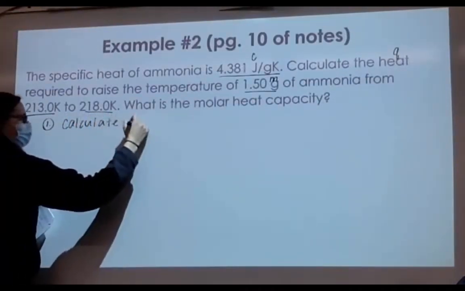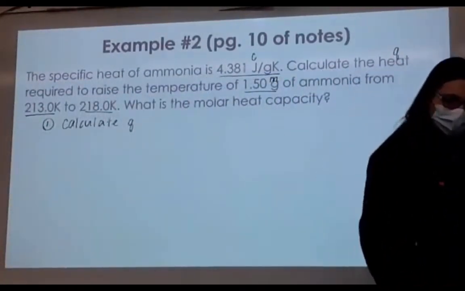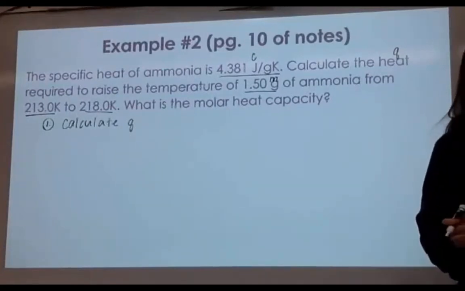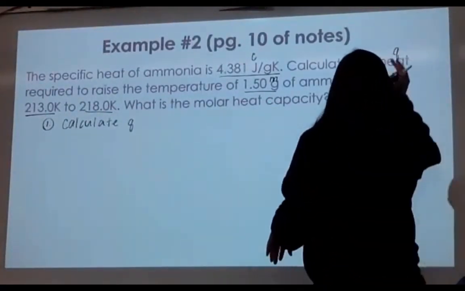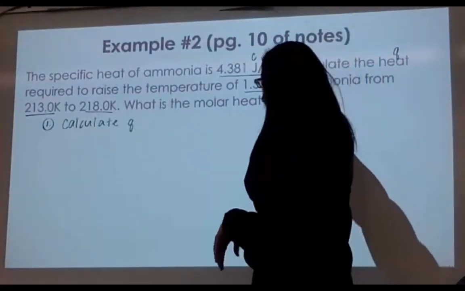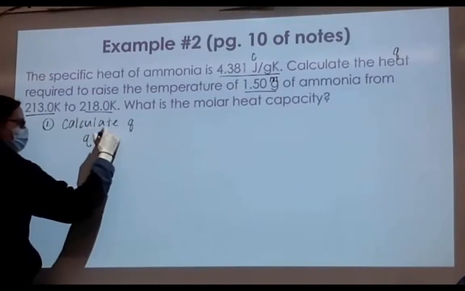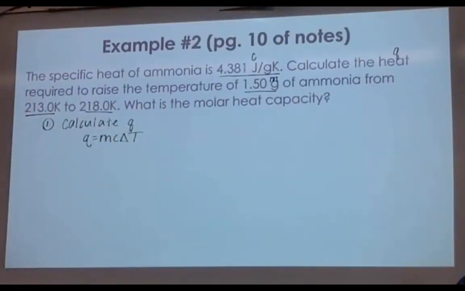is calculate Q. Now this isn't even a calorimetry problem that we have to worry about. It's not two things inside of a calorimeter. All we're doing is focusing on ammonia. So if I have Q, M, C, I probably have delta T. I'm just going to use Q equals MC delta T, or as many people say, MCAT.